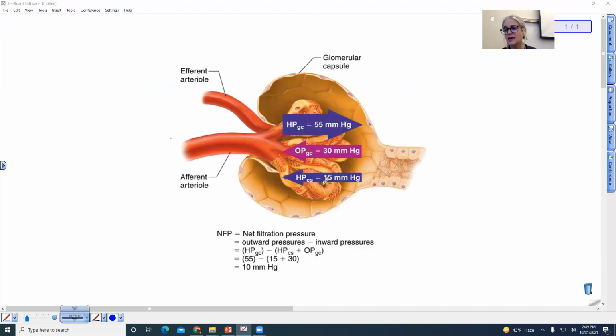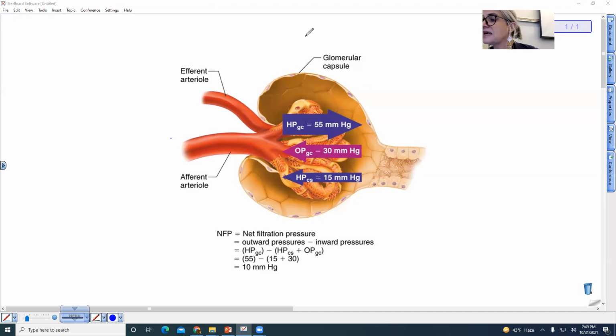This is the hydrostatic pressure coming into the glomerulus, and you'll notice that it is higher than the osmotic pressure that is sucking fluid back into the capillaries, and higher than the pressure found within the nephron. That would be like 45 versus 55, so your net filtration pressure is 10 millimeters of mercury. What that means is the net filtration pressure is going to force fluid out.